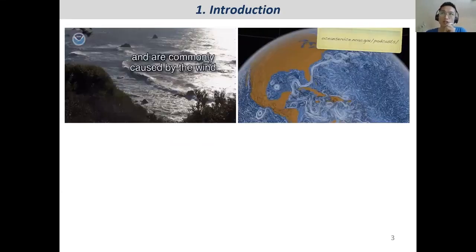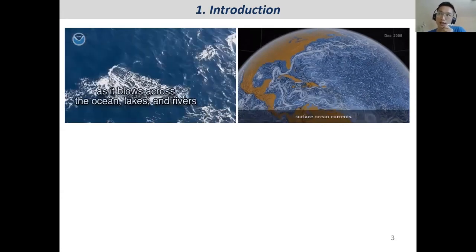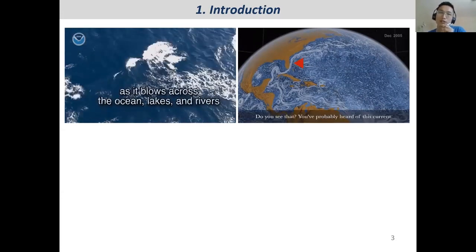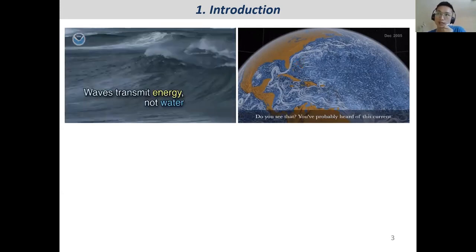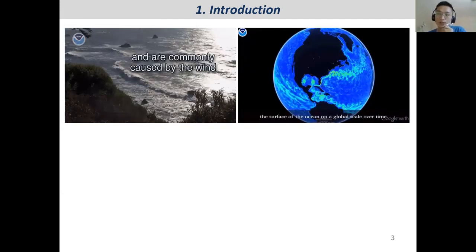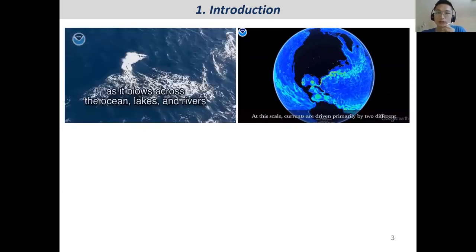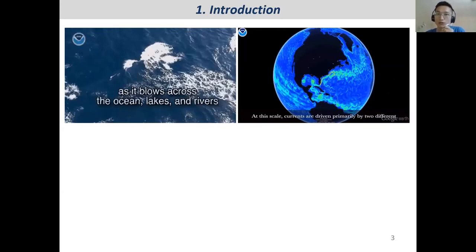Wind stress is also the primary driving force for ocean currents and many other phenomena such as storm surges. This animation shows the ocean surface currents, and you can see the Gulf Stream here propagating.